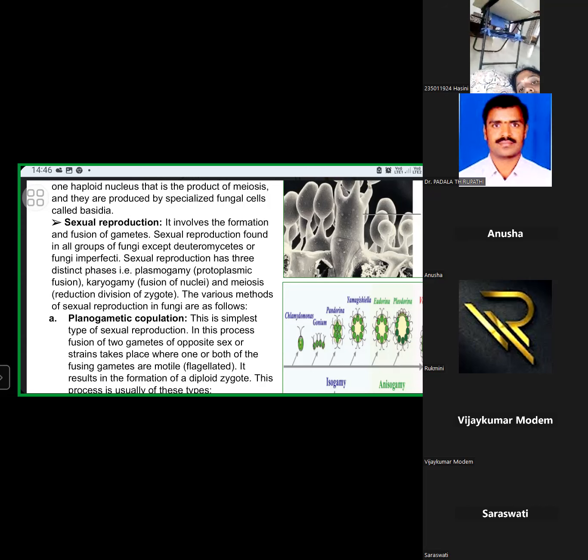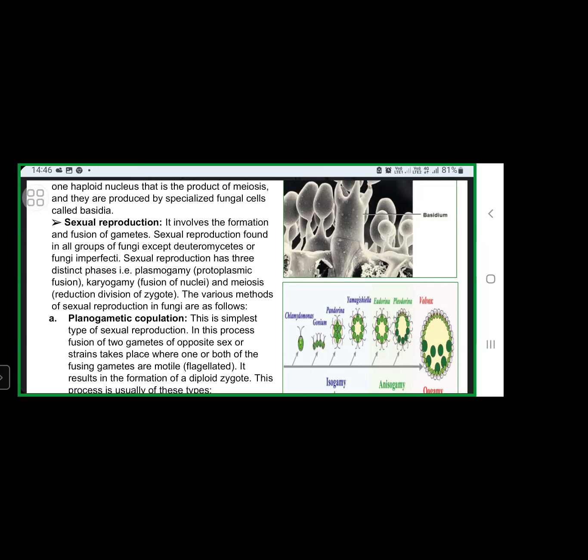In this process, two gametes belonging to two opposite strains or two opposite sexes, that means male and female, will fuse with each other.